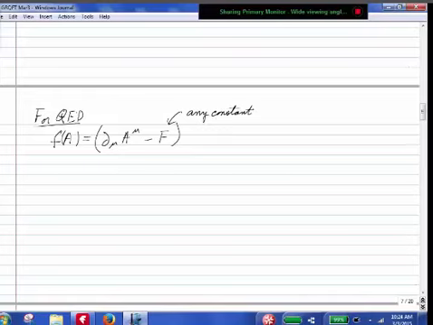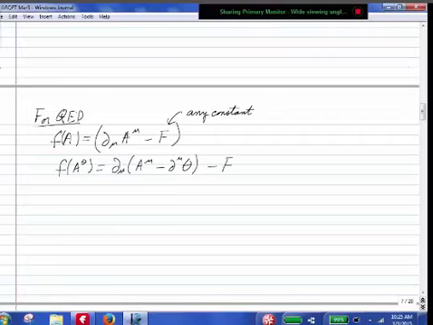Okay, so let's actually do this for QED. Let's take a typical constraint. Here's f of a. I could take d mu a mu minus a constant, for example.